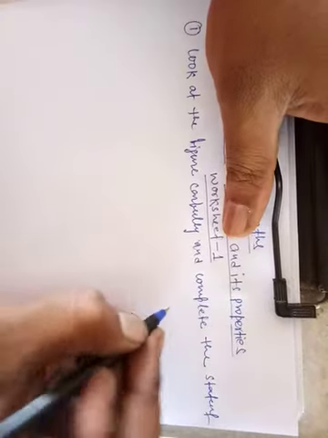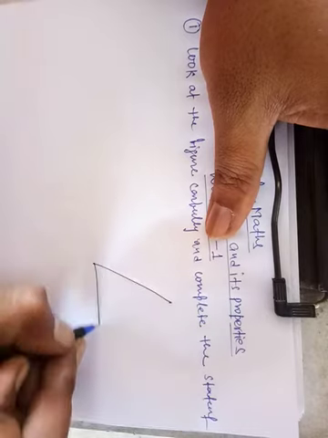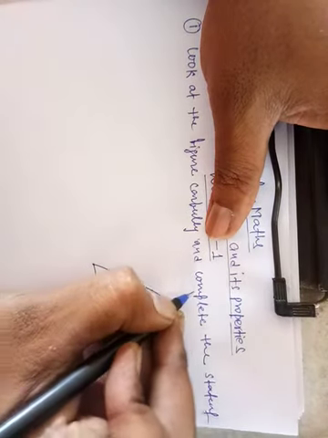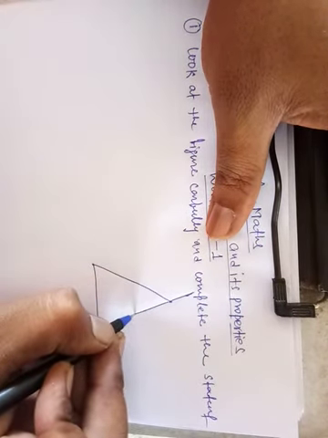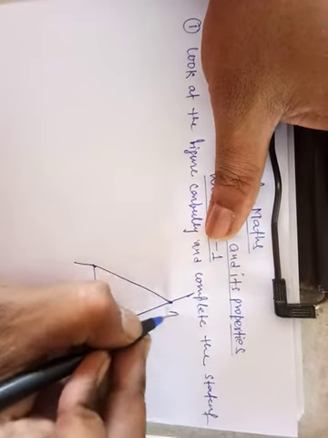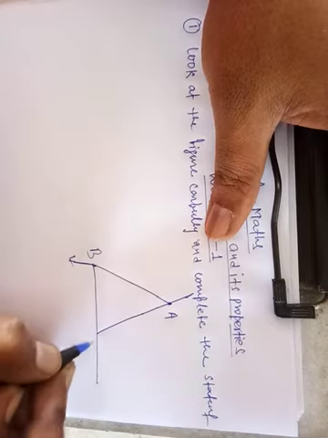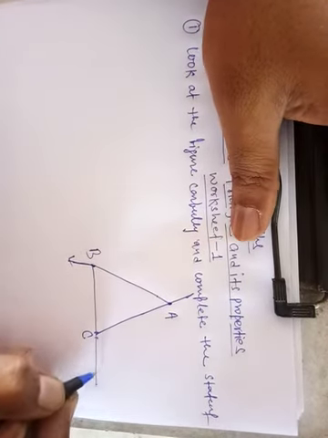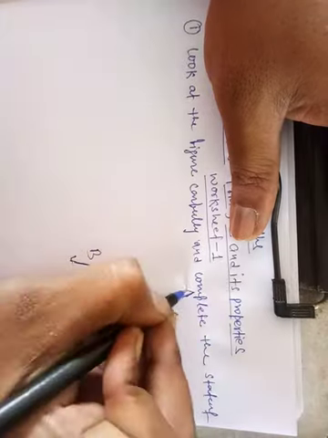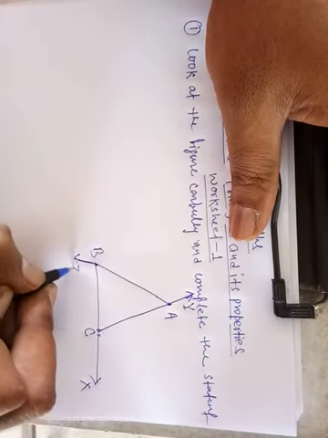Here is the figure. This vertex is A, this vertex is B, and this vertex is C. This is X, this is Y, and this is Z.